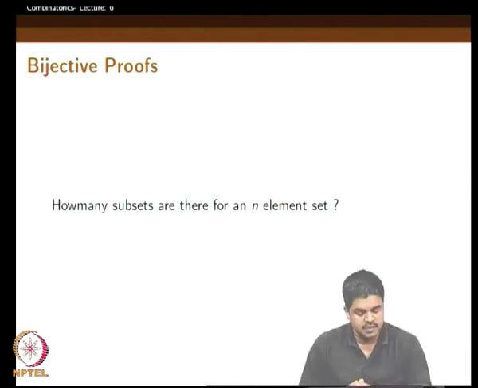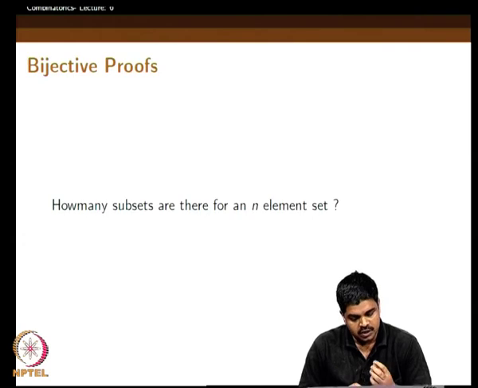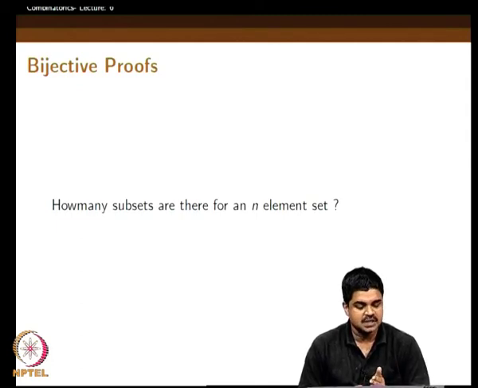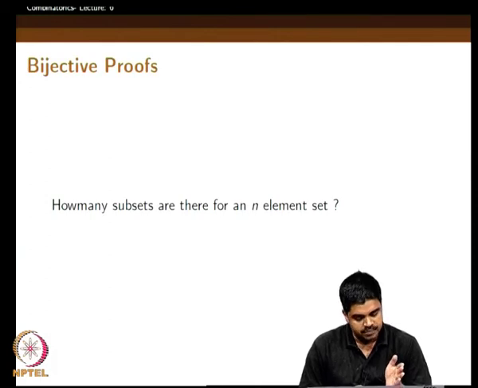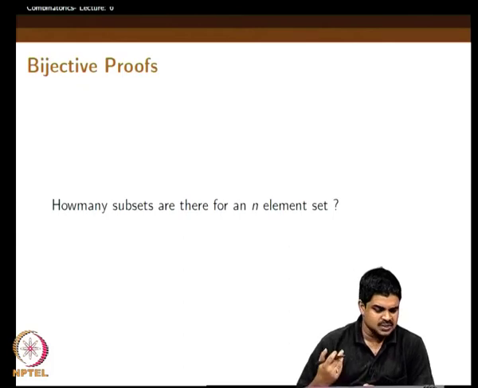Similarly, when we know the total and the cardinality of a subset of it, the number of elements which belong to the big set but not to the small set is given by subtracting the cardinality of the small set from the cardinality of the big set. That was the subtraction principle.